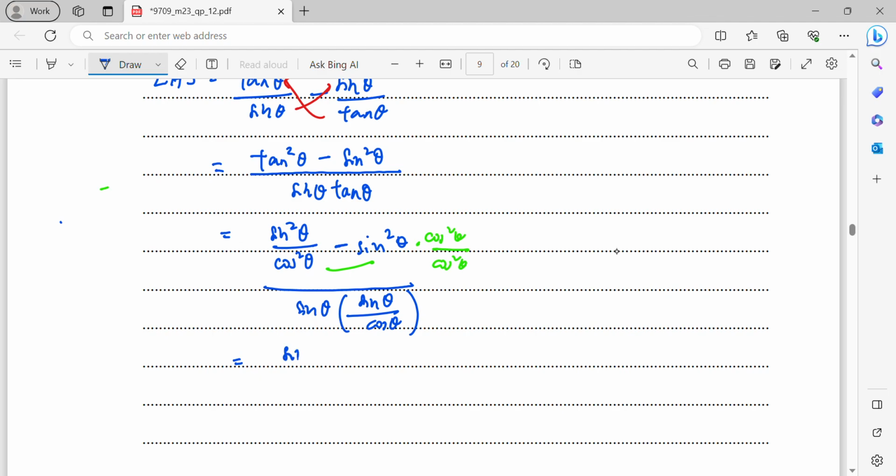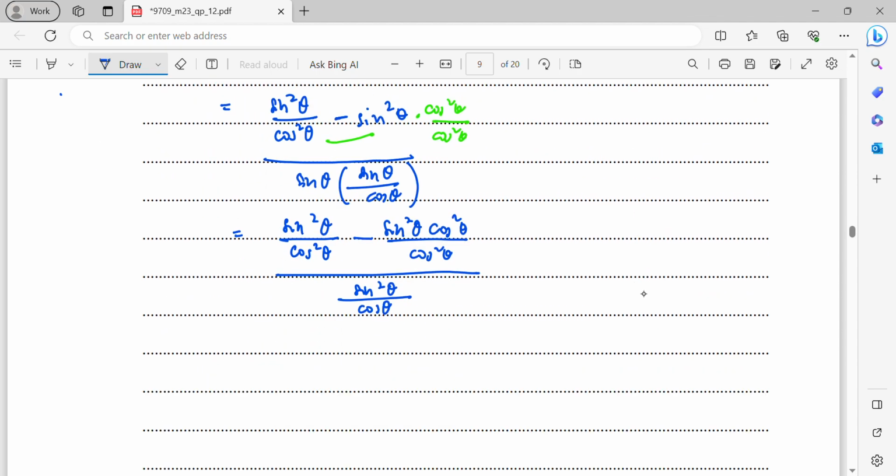So I will get sine squared theta, then minus. Or I will just do it step by step. So the sine squared times cos squared, I will just rewrite as sine squared theta cos squared theta over cos squared theta. Then divided by, this is going to be sine squared theta over cos theta.